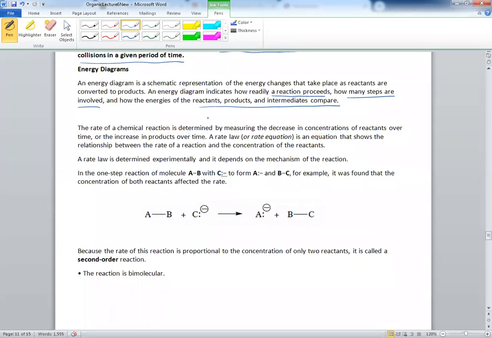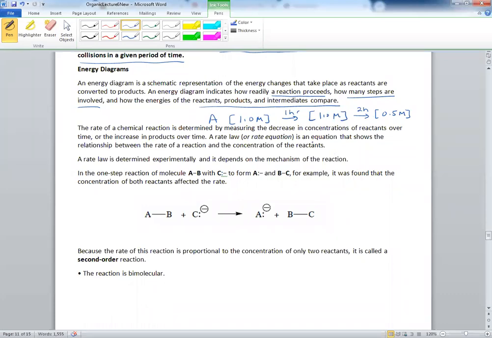So if I start with A and I have a concentration of 1 molar, and after 1 hour, I still have 1 molar, what does that tell you? Did it react? It's still A, no reaction. But if after 2 hours it goes down to half a mole, then you know that you're forming a product. So keep that in mind.